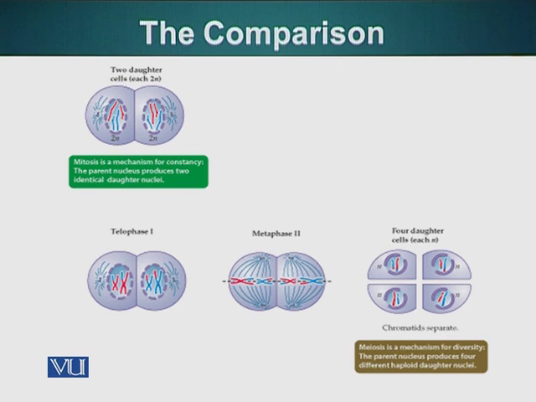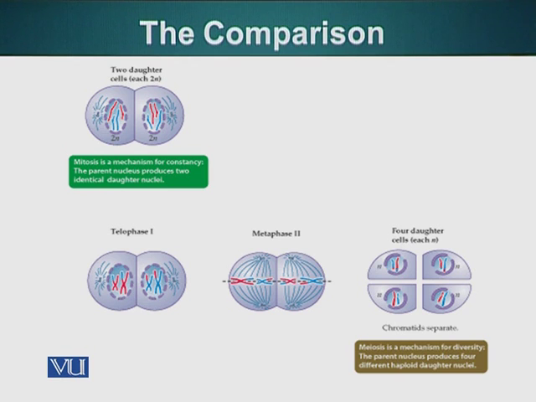At metaphase 2, this is similar to mitosis metaphase. Here the individual chromosomes are lining up at the metaphase plate. At this stage the centromere will divide, the cohesin molecule will disintegrate, and the individual chromatids will now separate and move to the opposite poles.